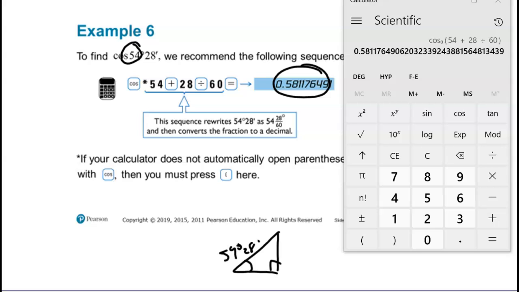Using that angle, we are finding the cosine, which, remember, is CA, the adjacent over the hypotenuse. So for this 54 degrees and 28 minutes, we're finding the adjacent over the hypotenuse, and that is the cosine, 0.5811. All right, let's go ahead and look at the next slide.